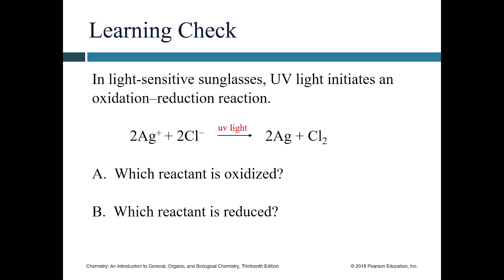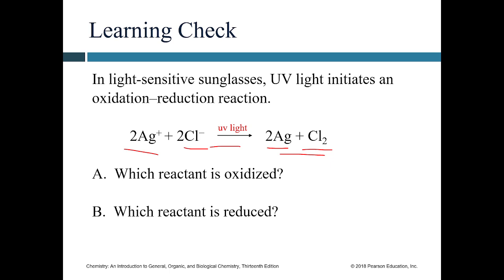The UV light is going to initiate an oxidation reduction reaction. And so in the glasses, there's silver ions and there's chloride ions. When the UV light initiates a reaction, it's actually going to cause an oxidation reduction reaction. And so here the silver is actually going to get reduced. The chloride, on the other hand, is going to end up being oxidized.